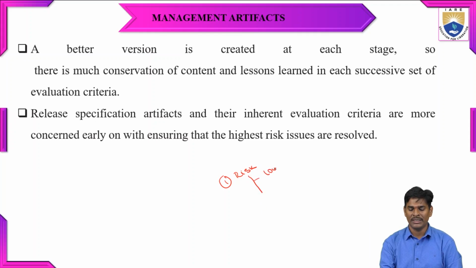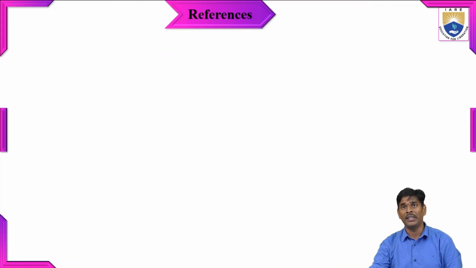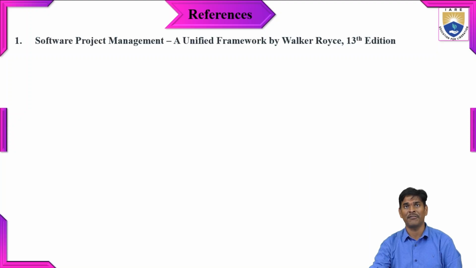If it is a low risk, this can be observed within the stipulated time, and if there is a highest risk, they are going to resolve it as soon as possible, because based upon the evaluation criteria, the release specification has to be implemented as soon as possible. This is also very important for the management artifacts to implement very high impact. So this is the reference I have referred to for the management artifacts.